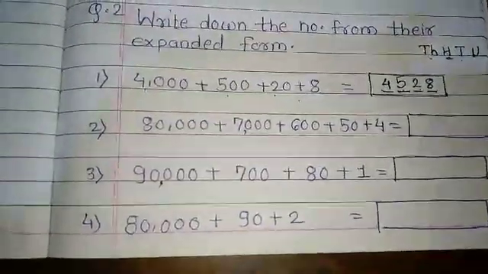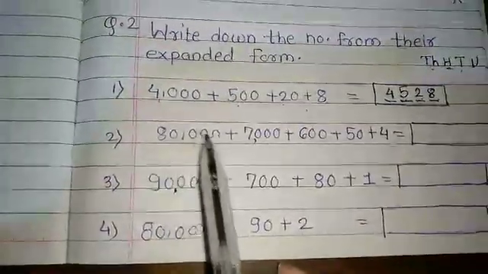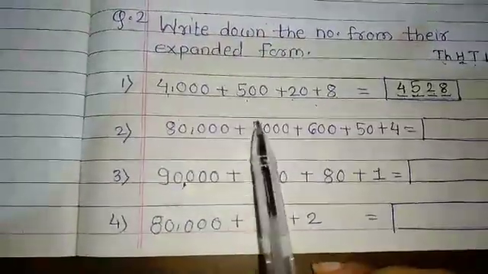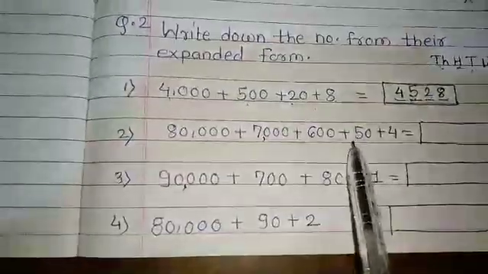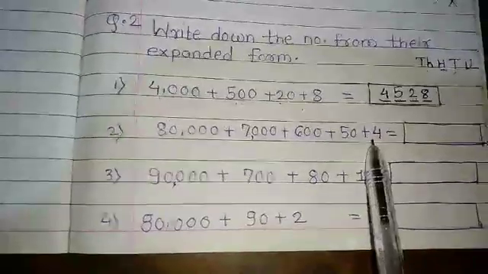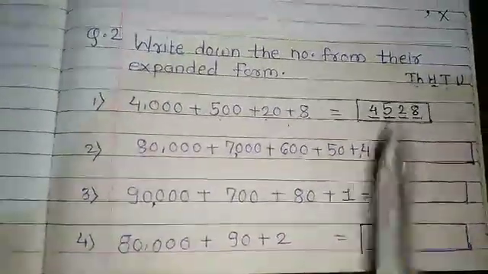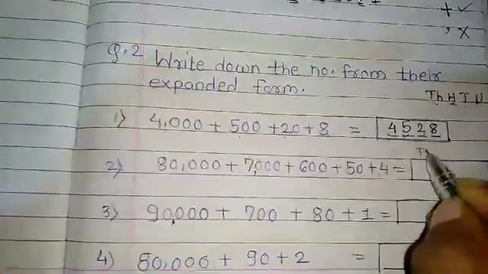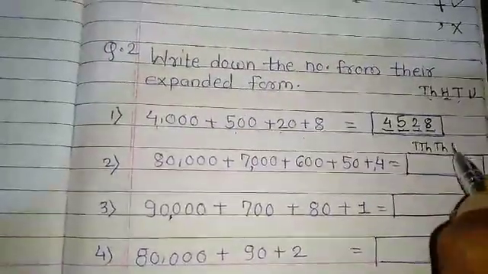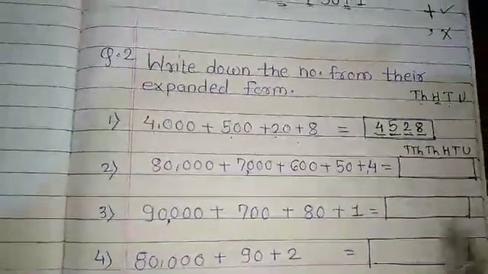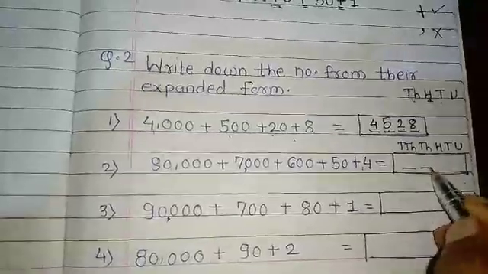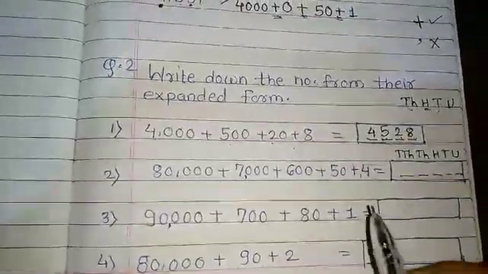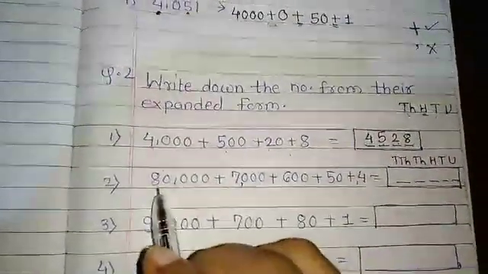We will see the next example. How many digits can we see? 1 2 3 4 and 5. It is a 5 digit number, which means 10,000 place added with 1000, 100, 10 and unit. What is the first?